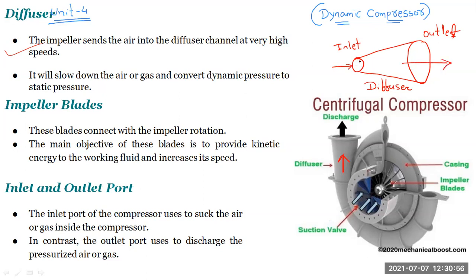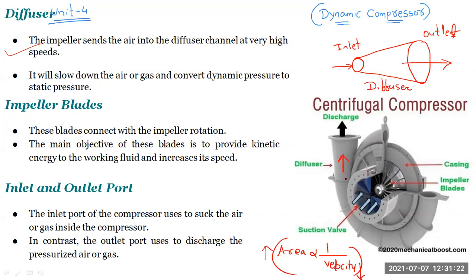So since its area will gradually increase, its pressure and its velocity will gradually decrease, because area is inversely proportional to velocity. Okay, if area is more, velocity is less. If area is less, velocity is more.